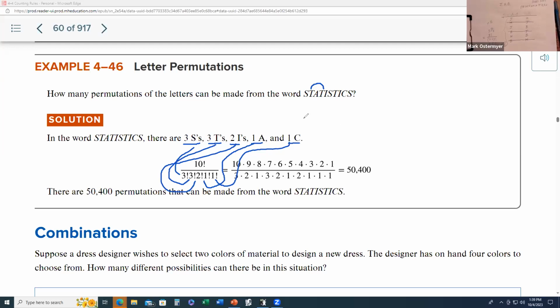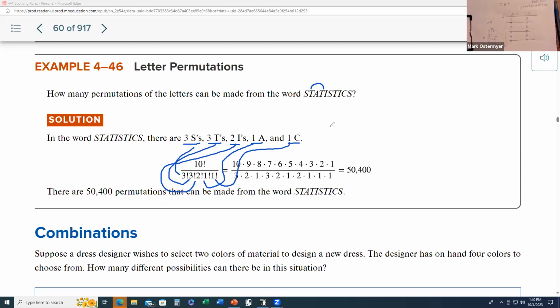Can we come up with just one other arrangement for the word statistics here? Can anybody come up with a unique arrangement? Shouldn't be too difficult for the second one. By the time you get all the way up to 50,399, trying to come up with the last one would probably be a bear.